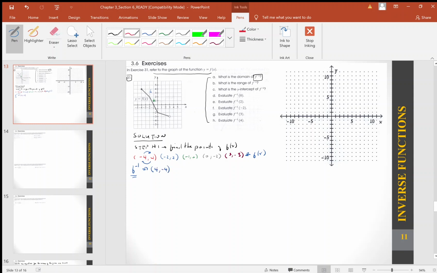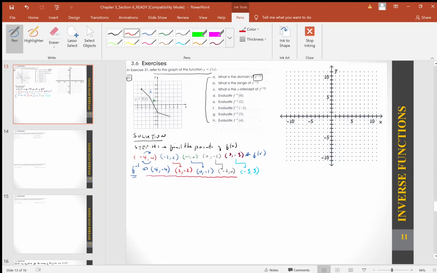This one is going to be 2, -2. And this one is going to be 0, -1. And this one is going to be -2, 0. And this one is going to be -3, 3.